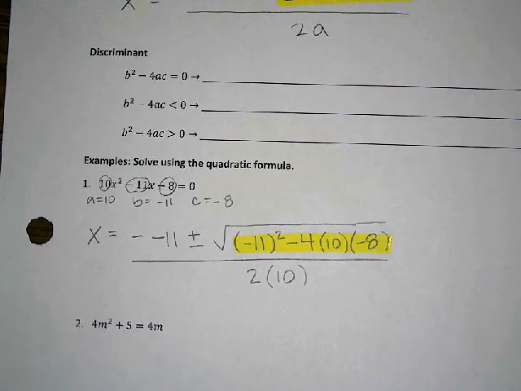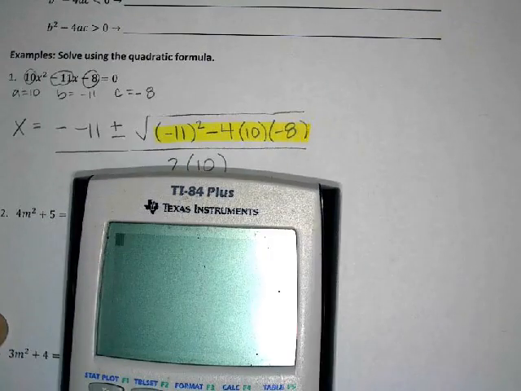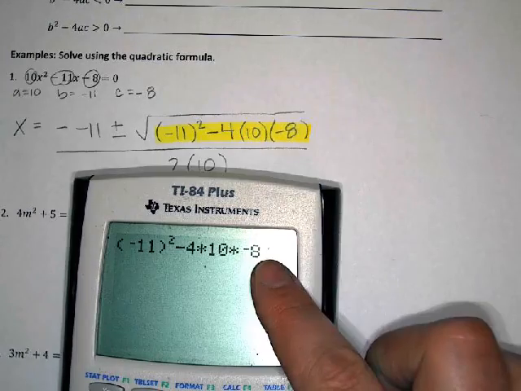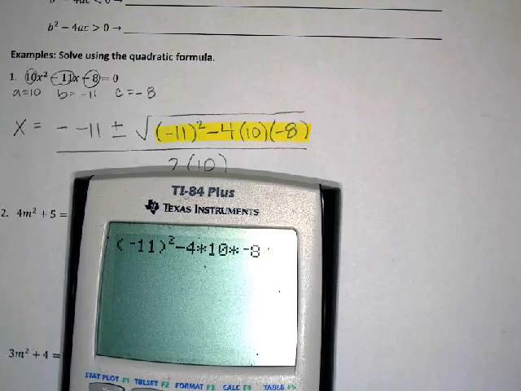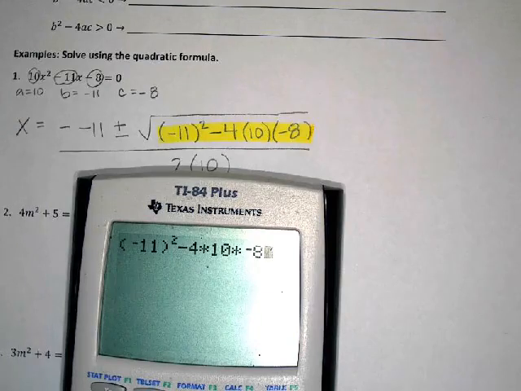We're only plugging in the part underneath. So I'm going to type negative 11 squared minus 4 times 10 times negative 8. And you can hit the times button or you can use parentheses. It doesn't matter. You should get the same answer. Okay? So let's go ahead and type this in and see what we get for the discriminant.